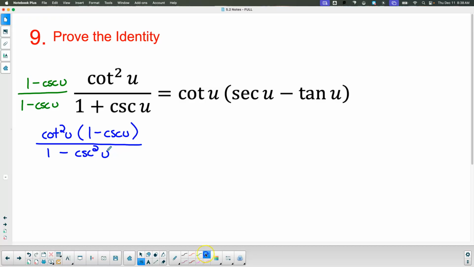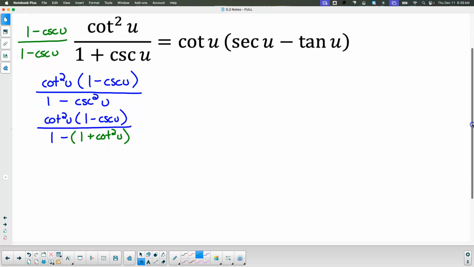So then that is going to be cotangent squared times 1 minus cosecant, all over 1 minus (1 plus cotangent squared). What does the denominator become?